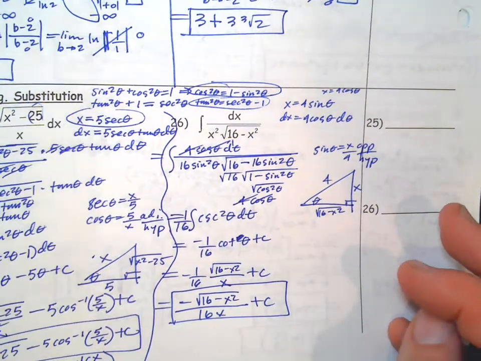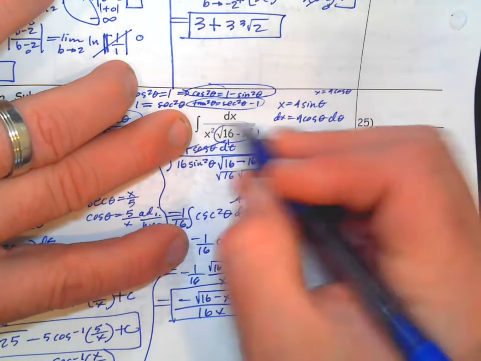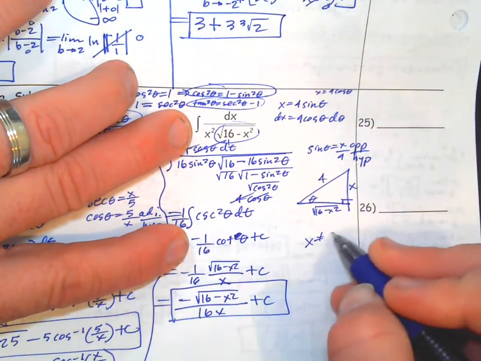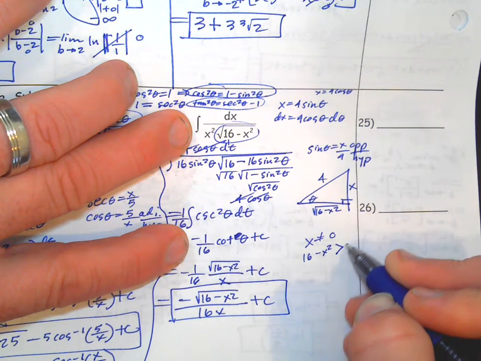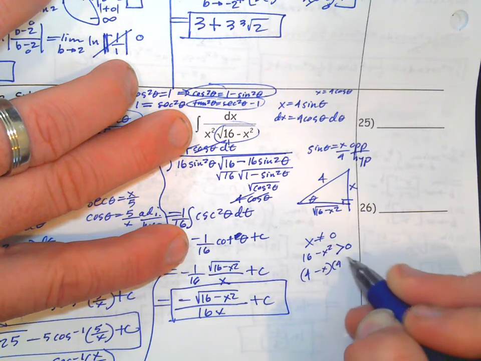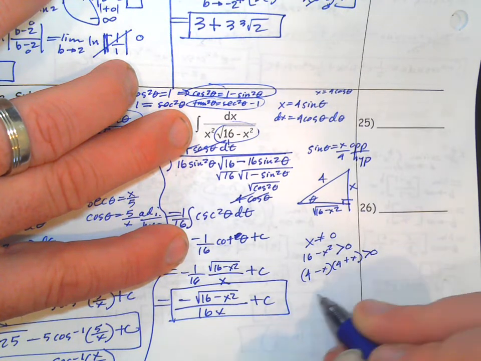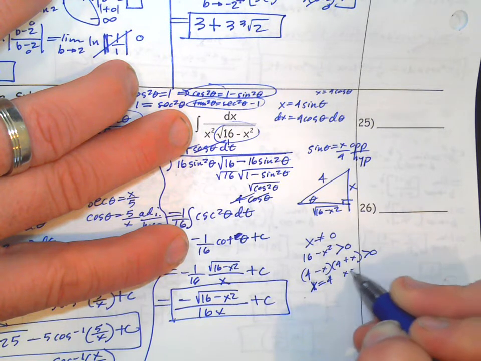I think on these we also kind of worried about domain, like this original problem. x cannot be 0. 16 minus x squared has to be greater than 0. So you get 4 minus x, 4 plus x. Do a quick little line check. x equals 4, x equals negative 4.